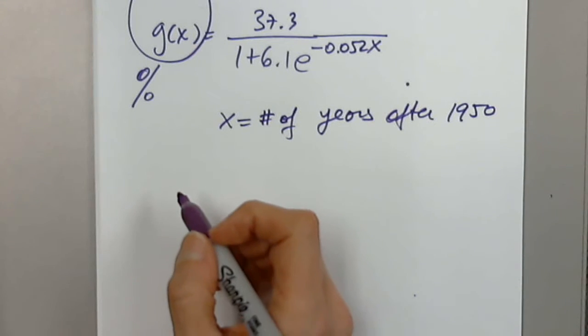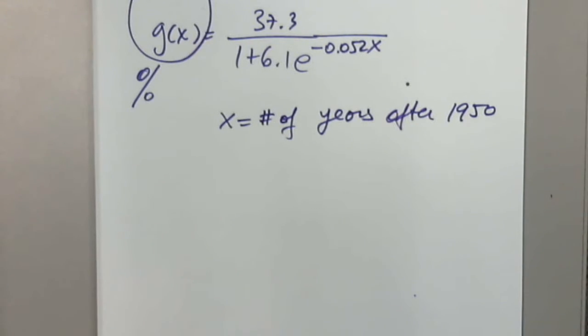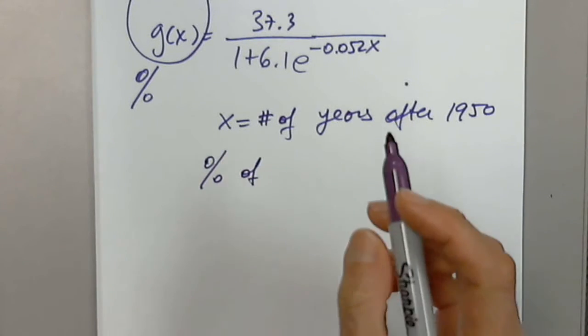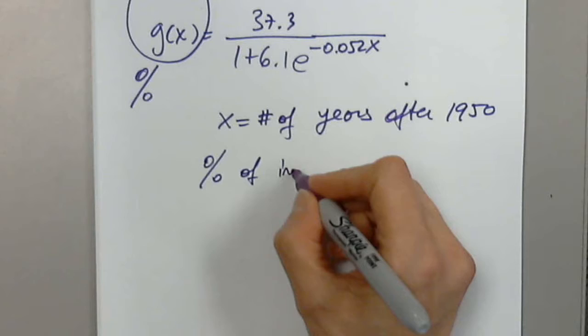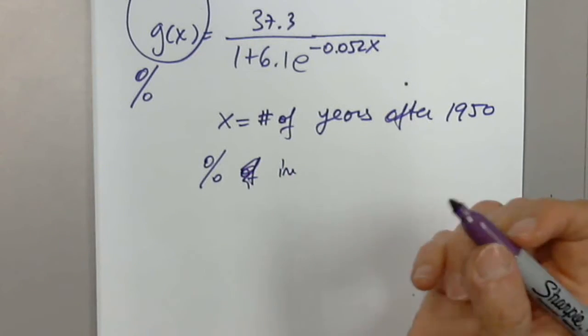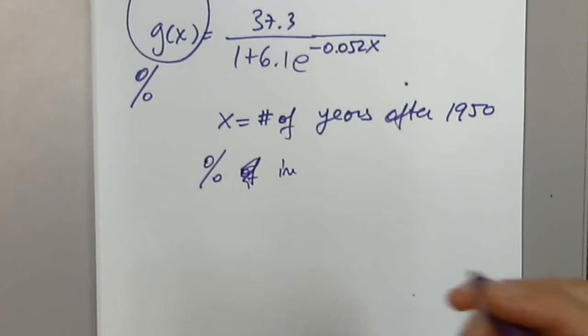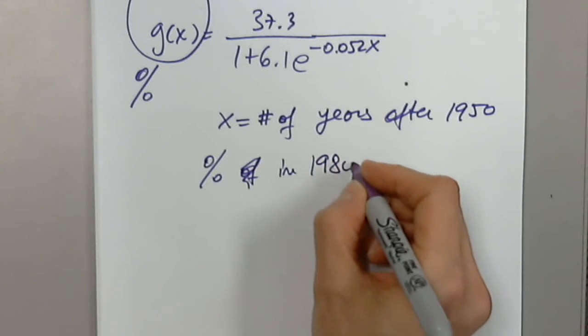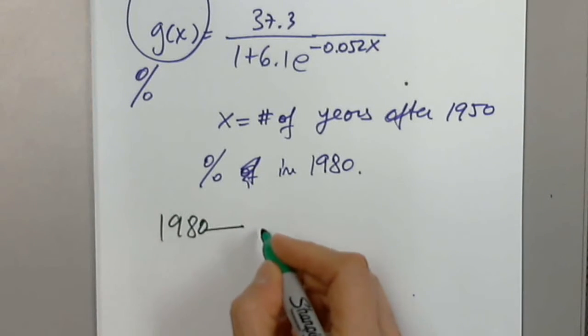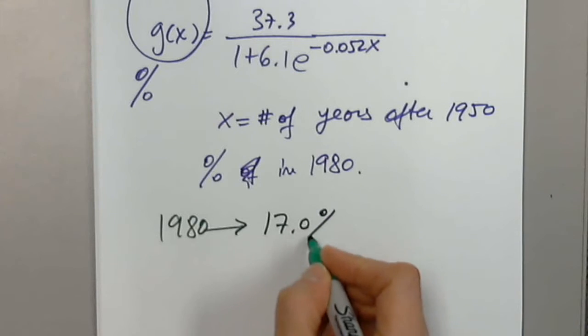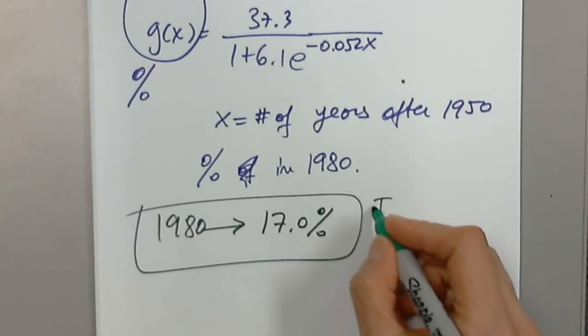Which function, f or g, is a better model for the percentage of people ages 25 and older who were college graduates in 1980? And the bar graph in 1980 shows 17.0%. So this is from the graph.